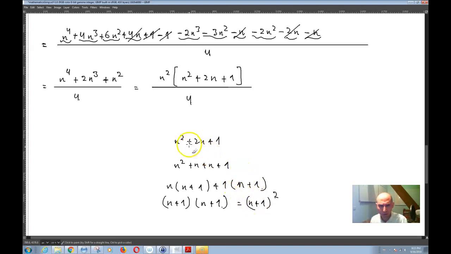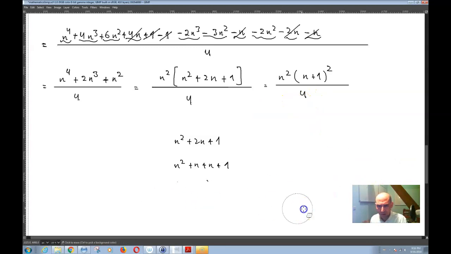It's not supposed to be that. That's n squared plus 2n plus 1. That's the same thing as n squared times (n plus 1) whole squared divided by 4. That's most probably not the right formula. That actually happens to be the right formula.